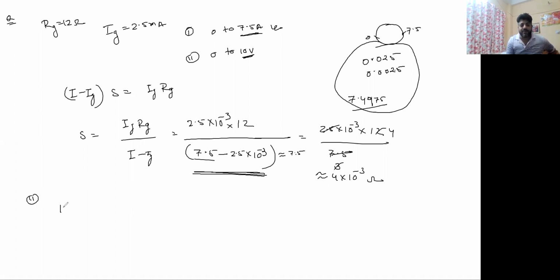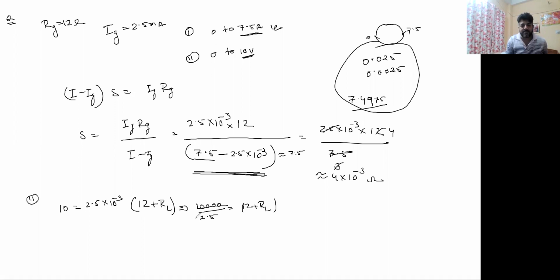Now the second part of the question, you make it voltmeter. So when you make it voltmeter: 10 equals Ig, 2.5 into 10 to the power minus 3, into (12 plus RL). So that equals, देखो ये इधर आ जाएगा तो 10 into this 10,000 divided by 2.5, that is equals to 12 plus RL.